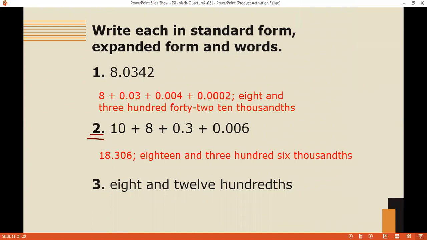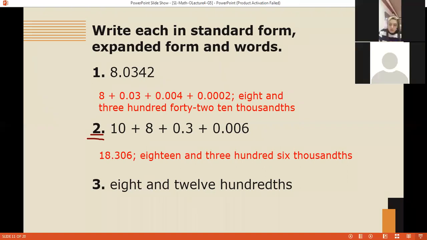No, 0.02. Bravo. Excellent. Can you write it in standard form? Yes, write it. 8 and 12 point, in standard form. 8.12. That's it. Thank you, Ali.